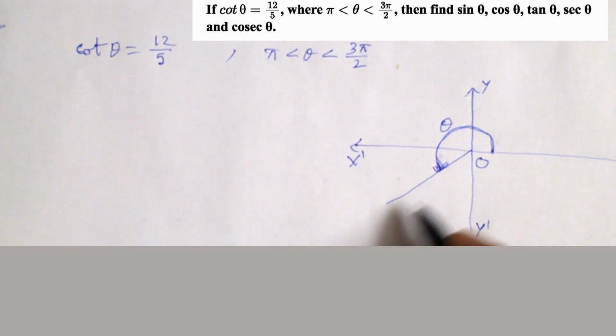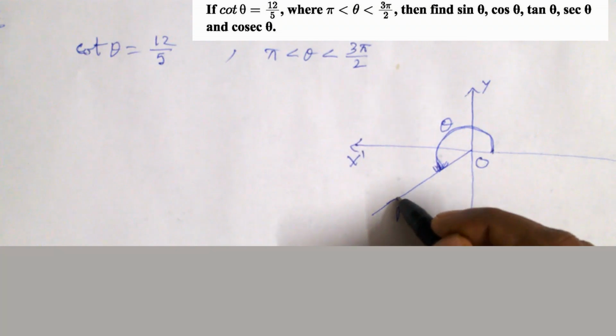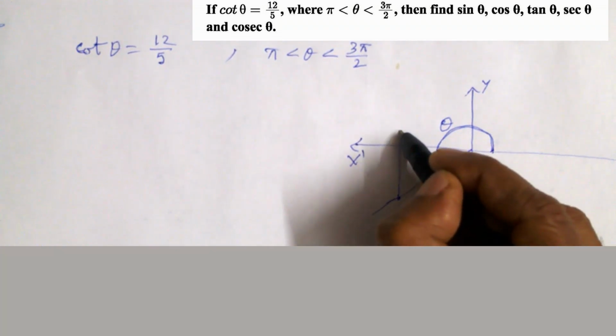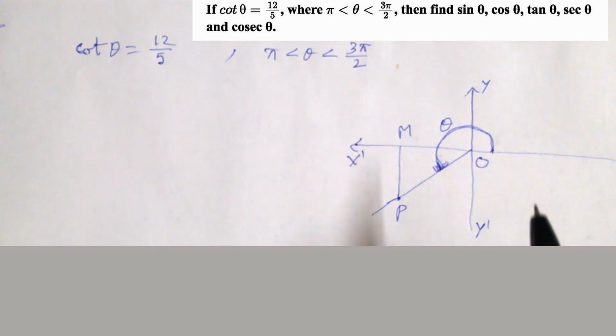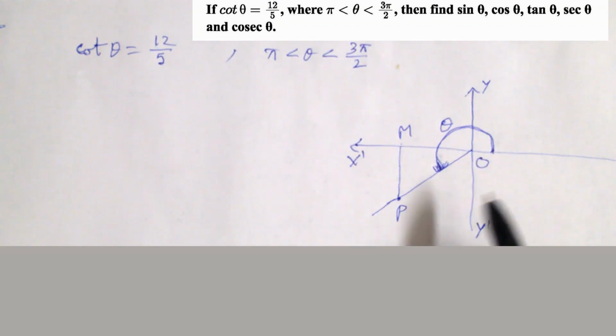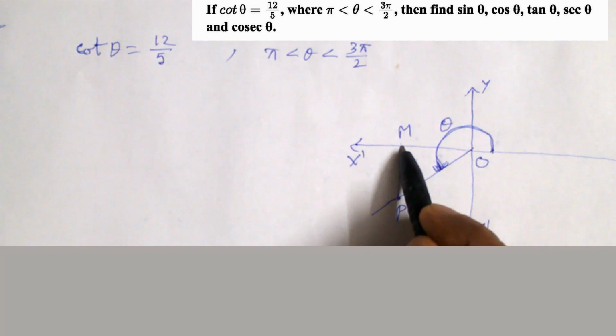Take any point P on the revolving line. From P draw a perpendicular on the x-axis. Name it PM. So PM is perpendicular to the x-axis, and in triangle OPM, OM is the base.